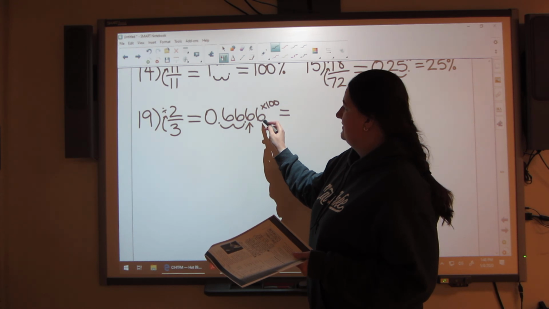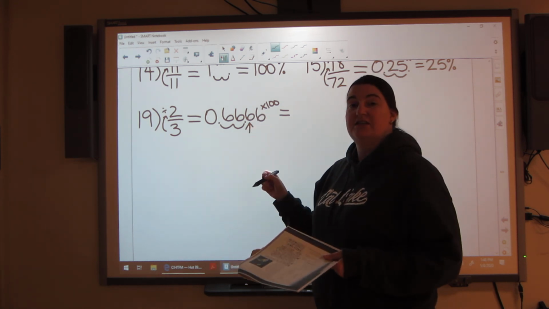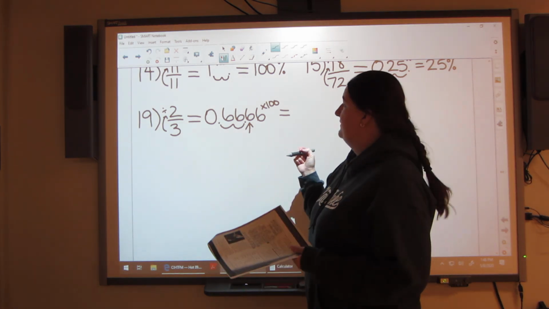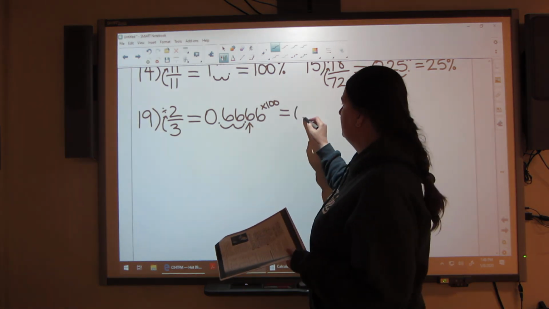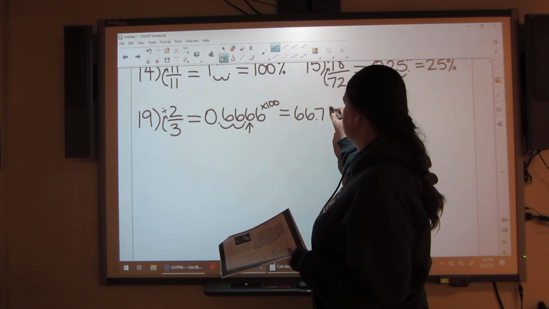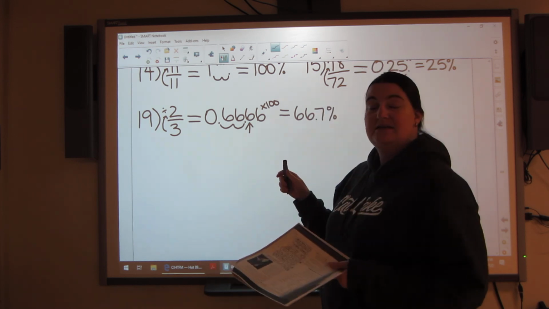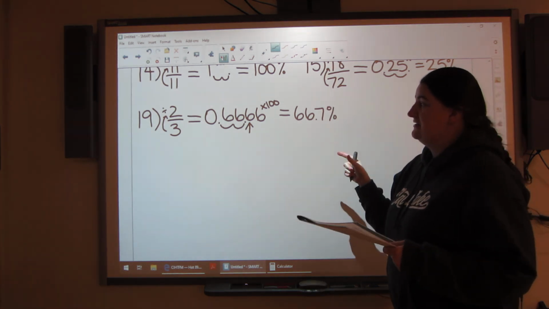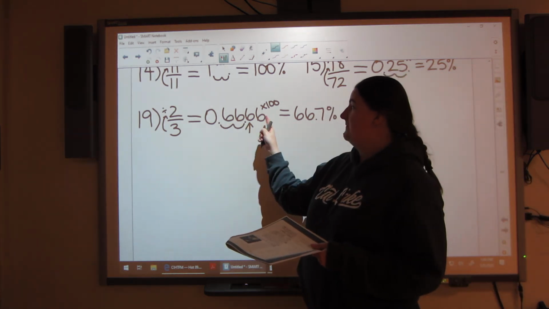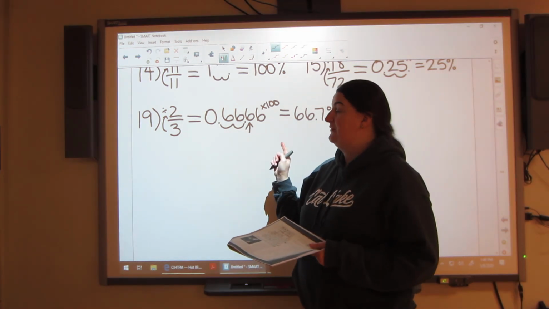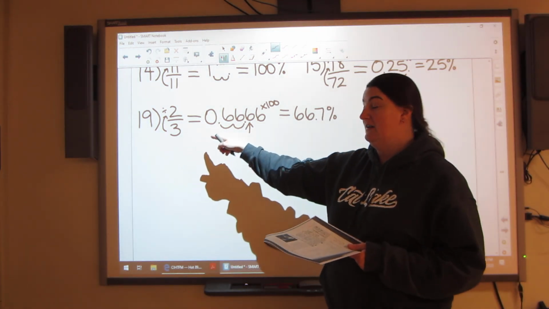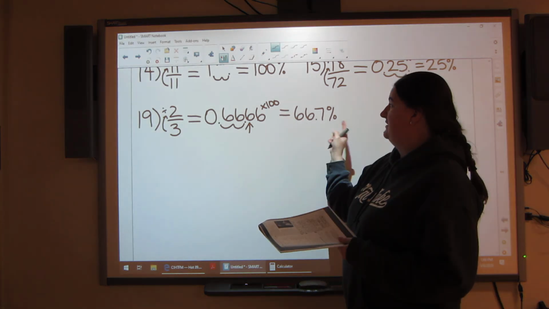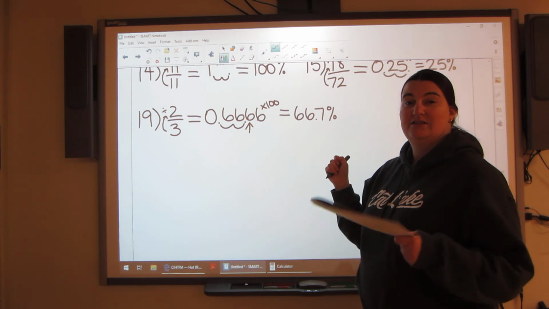Is the 6 big enough to change the 6? Yes, it is. 5 or higher, round up. So the 6 changes to a 7, 66.7%. So 19 all the way to 24, this is how you're going to do that. So you need to make sure you've got 4 places after the decimal when you're writing down the answer of your division, so that when you're timesing by 100, you can then round to get the right percentage.